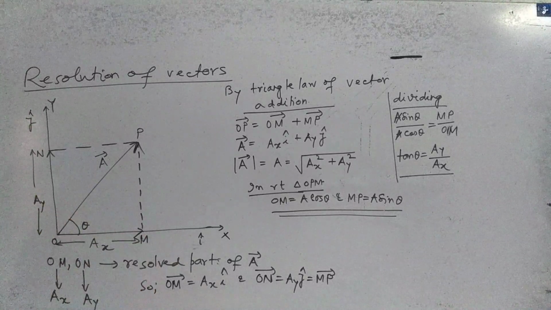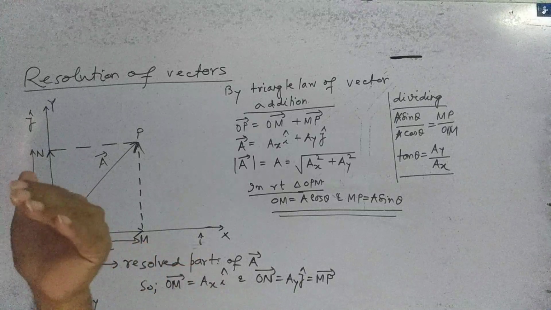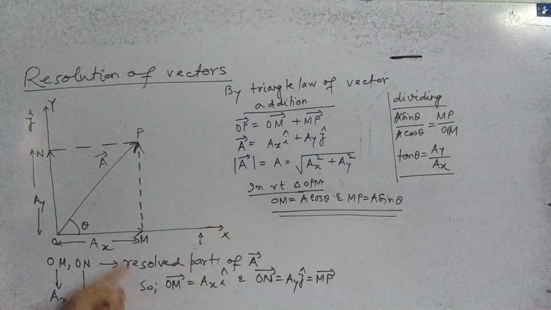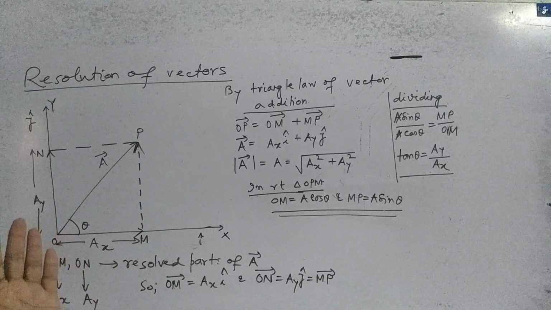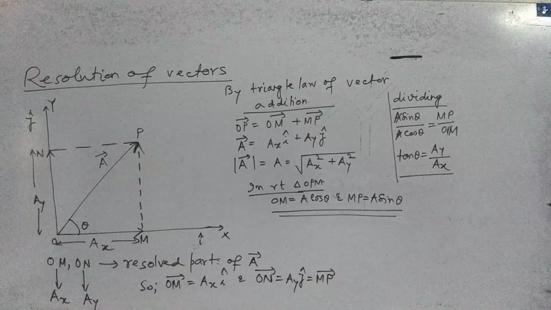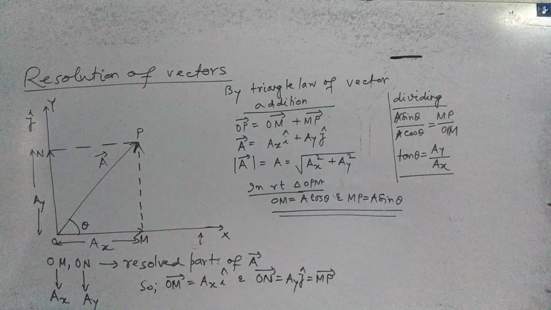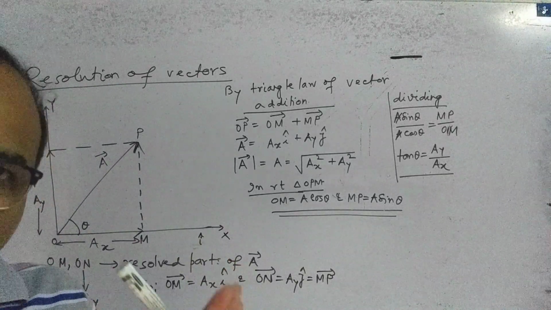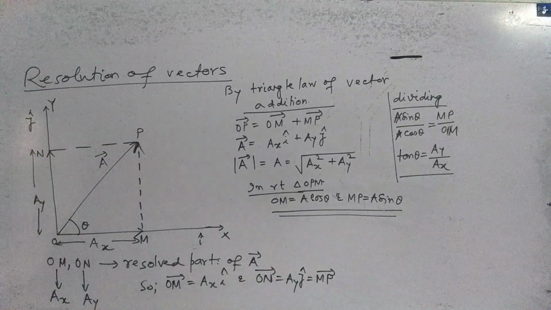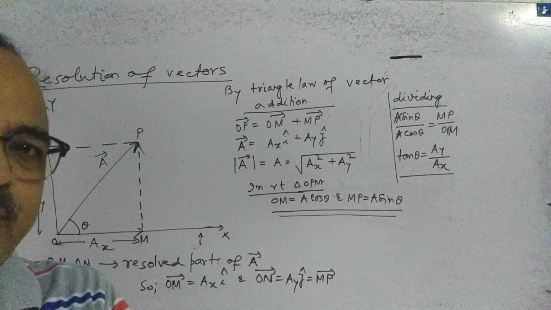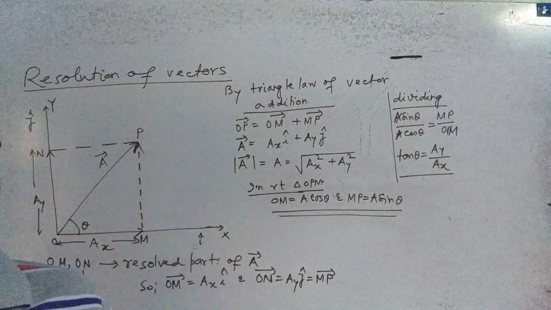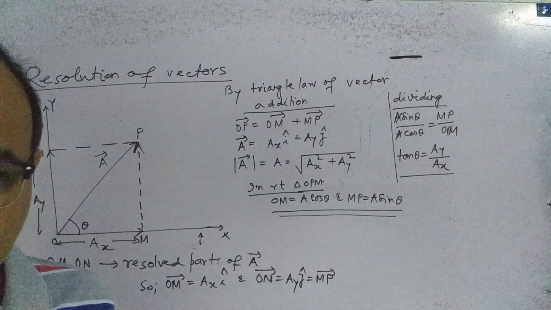Obviously, in our syllabus there is the resolution of vectors in three dimensions also, but try to understand these things properly first. I hope, dear students, that you have understood it carefully. In the next lecture I want to do it briefly: if a vector is specified in three dimensions, then what will happen? Agreed? Alright?